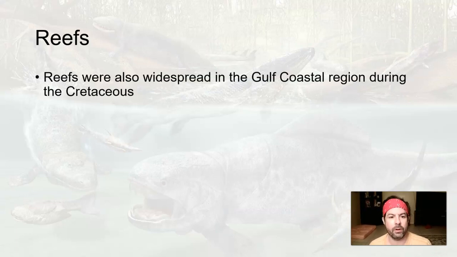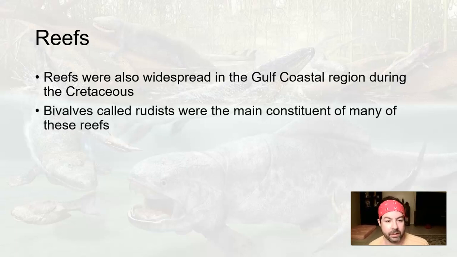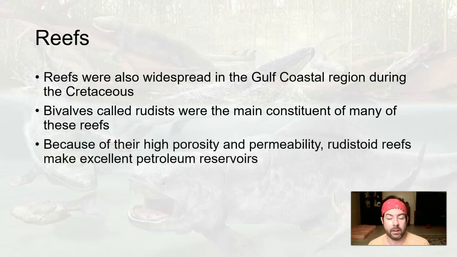Also in and around the Gulf of Mexico, reefs were widespread during the Cretaceous period, as we're ending the Mesozoic in this area. A type of bivalve, these seashell-looking things called rudists, were common in the Gulf Coast region, and they were the main constituent of many of the reefs in the area.